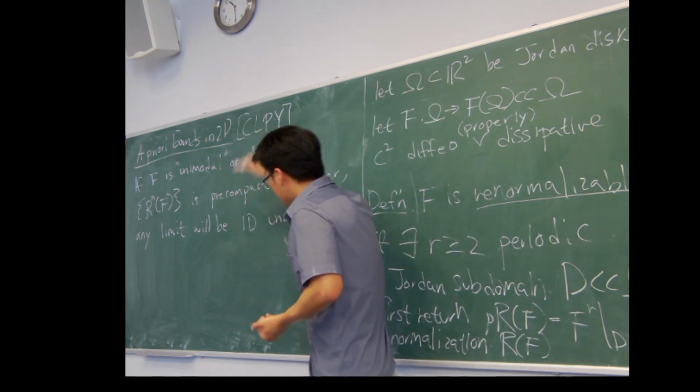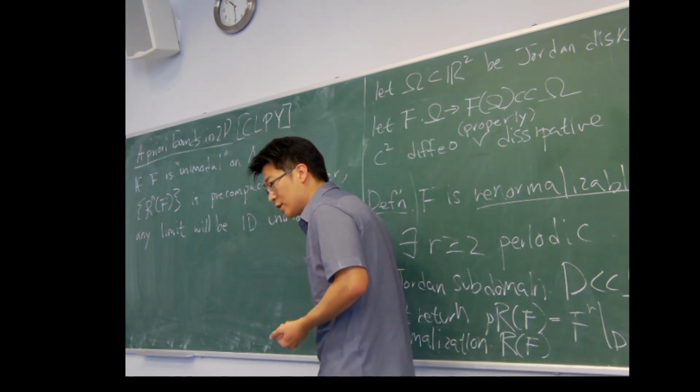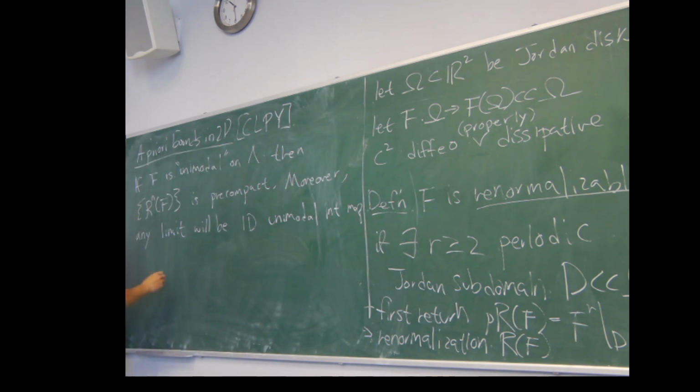Okay, so this is pre-compact. Any limit will be a one-dimensional unimodal map. Question? For that, is C2 smoothness sufficient? Yeah, C2 smoothness is sufficient. Maybe we can even get away with something less than C2. Definitely we need C1 plus alpha because we need to use Poisson theory. And we probably need something like bounded variation.